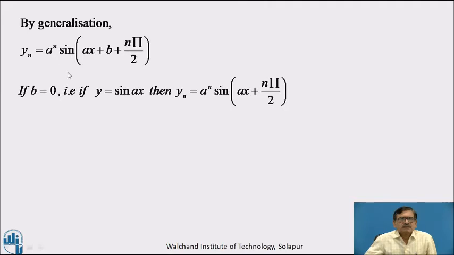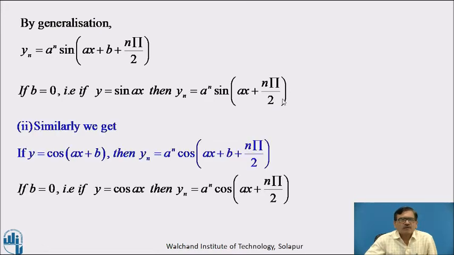In sin(ax plus b), if b equals 0, that is if y equals sin ax, then yn is equal to a raised to n sin(ax plus n pi by 2). Similarly, in the same way you get, if y equals cos(ax plus b), then yn equals a raised to n cos(ax plus b plus n pi by 2).